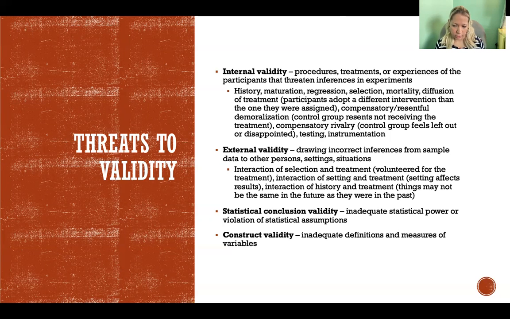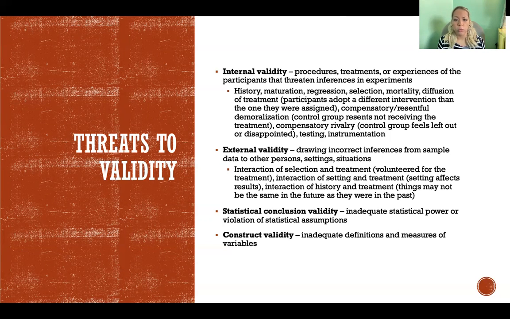Statistical conclusion validity is if there's inadequate statistical power or violation of statistical assumptions. So inadequate statistical power is like you don't have enough participants. So maybe you started with enough participants, but over time, too many of them dropped out, or maybe depending on what you're studying, too many participants passed away over the course of the study, but you might not have adequate statistical power, or violation of statistical assumptions.